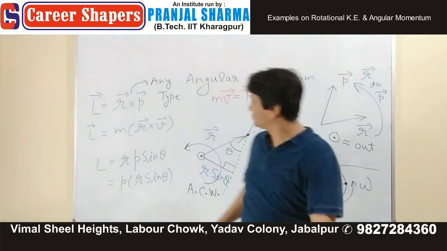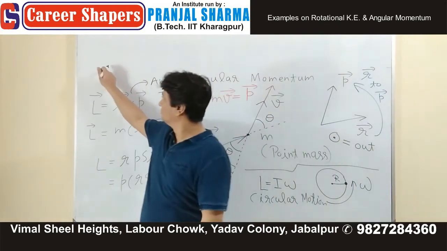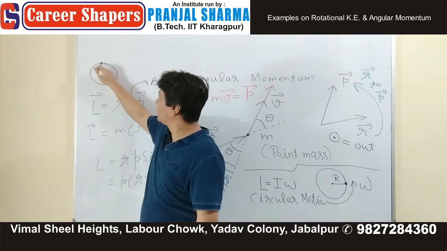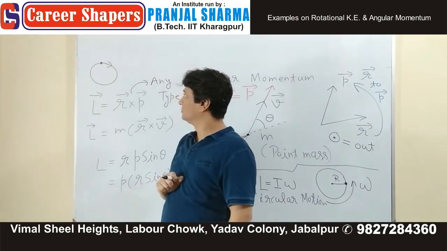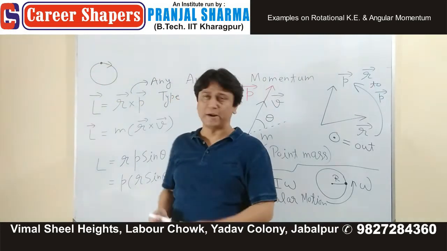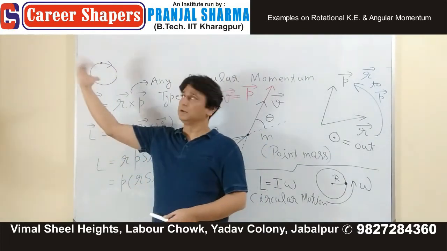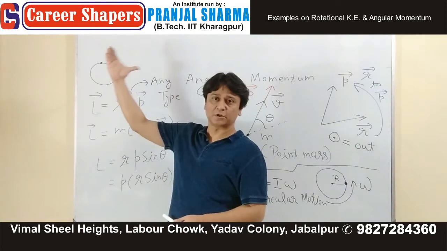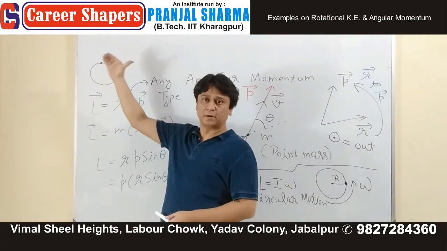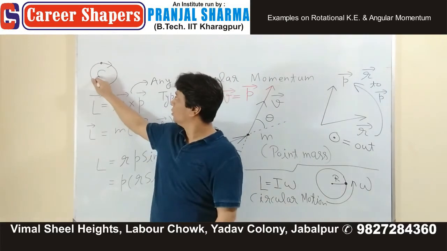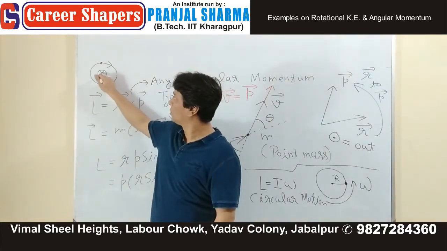If someone gives you a figure like this, that we have an object and the object is rotating clockwise and they need direction of angular momentum. Take your right hand, curl, look at the thumb. Thumb is pointing in. How do you represent inward vector? With the help of cross.